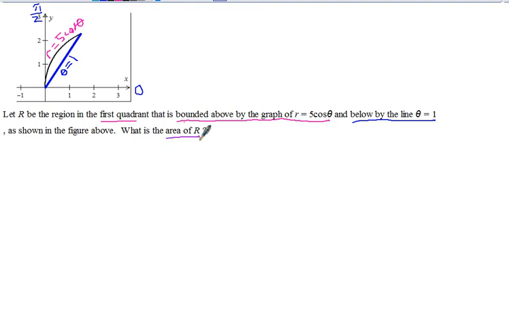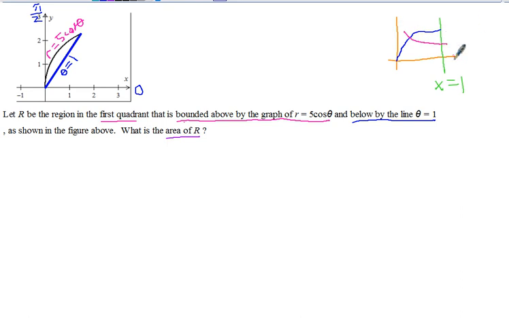All right, so theta equals 1 is kind of like on our regular graphs in Cartesian coordinates when we had a vertical line like x equals 1. And if our region was over here, say, that could be like the upper limit, or sometimes it could be the lower limit.